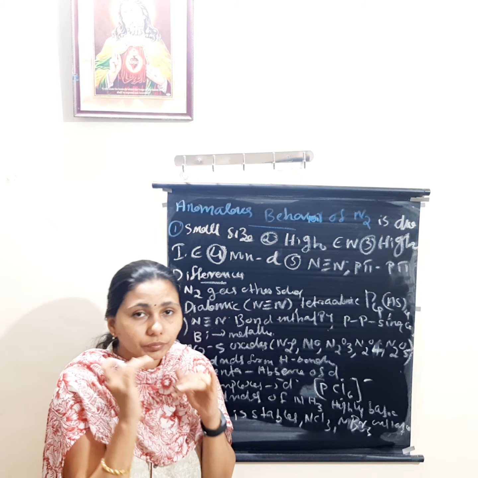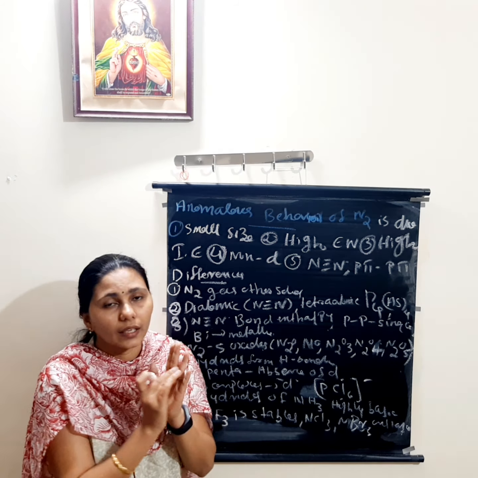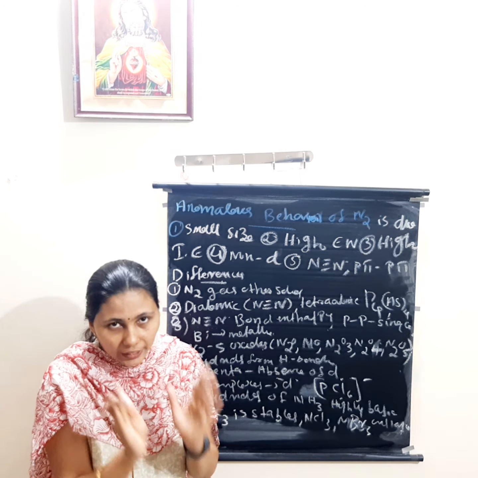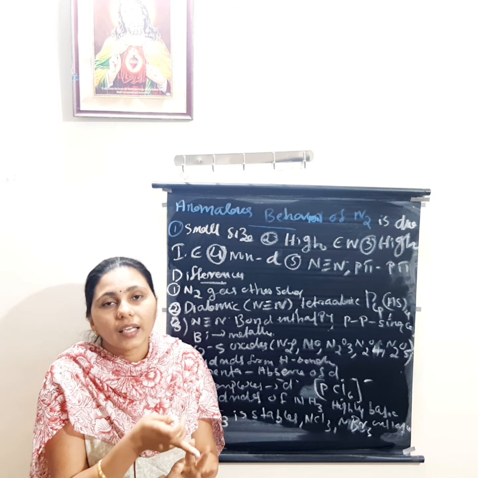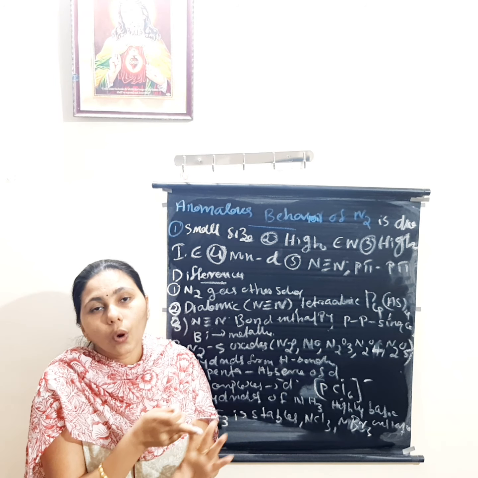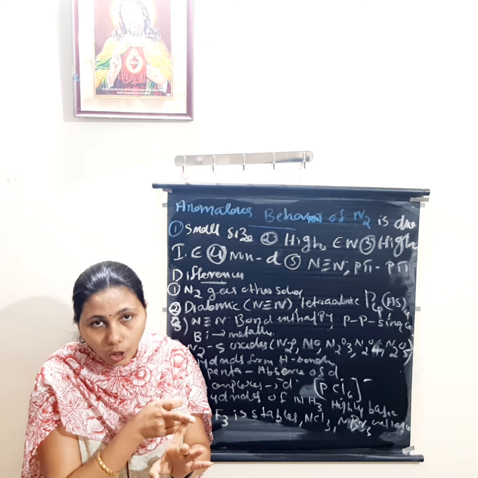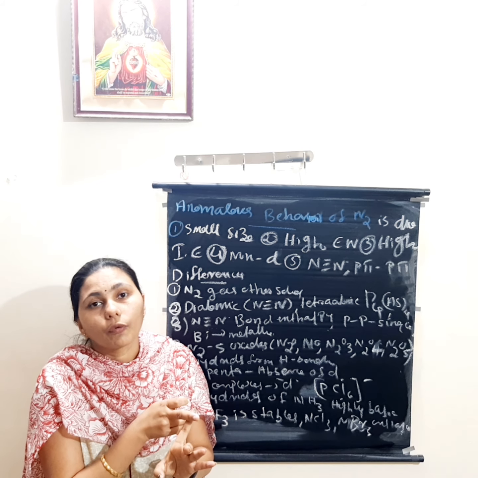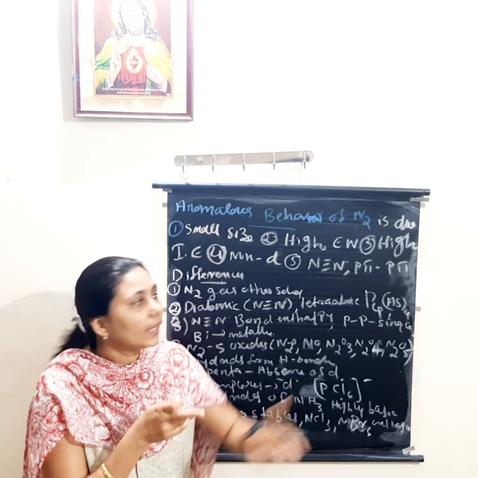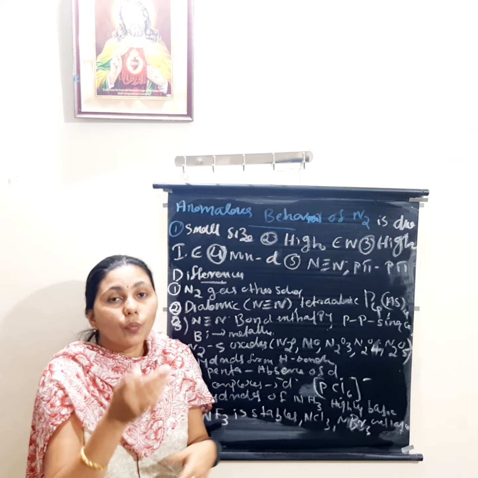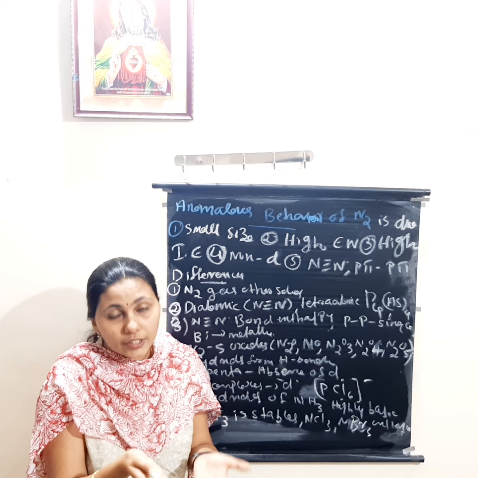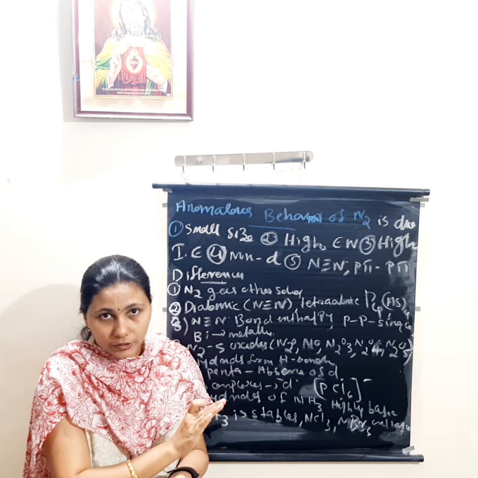So what are the reasons? 5 reasons are there for the anomalous behavior of nitrogen: small size, high electronegativity, high ionization energy, non-availability of vacant d orbitals, and formation of p-pi multiple bonding. Then next, what are the differences it is showing from the other members of the family?